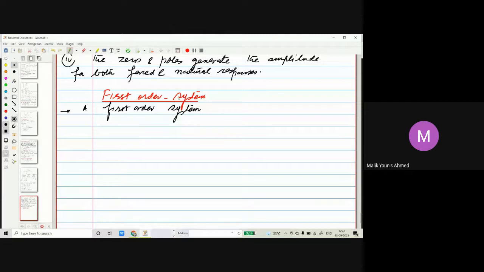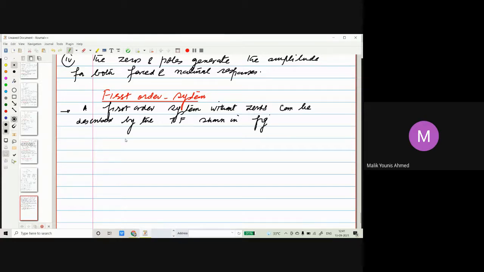Let's consider an example. First order system without zeros. First order system is there, but zeros are not there. Only there are poles. It can be described by the transfer function shown in figure.